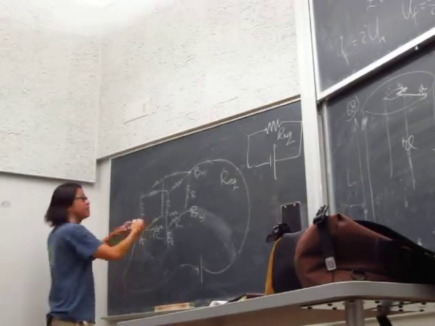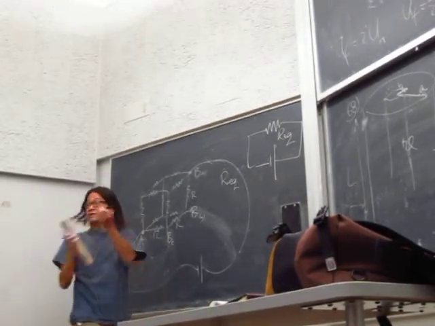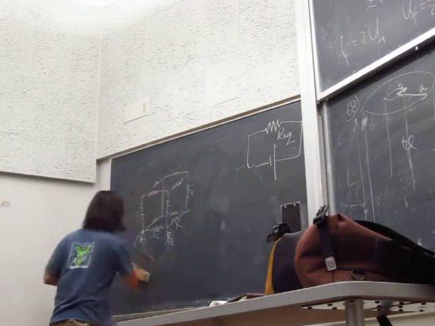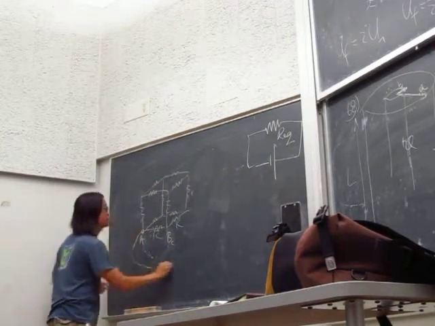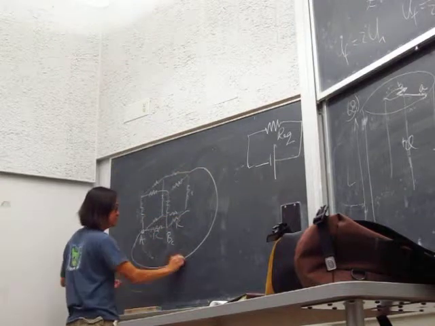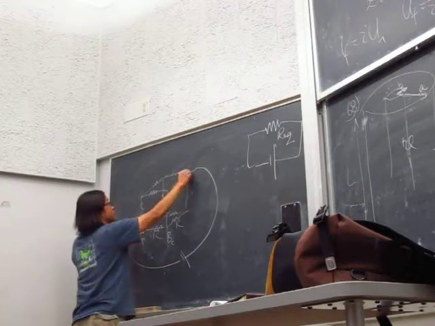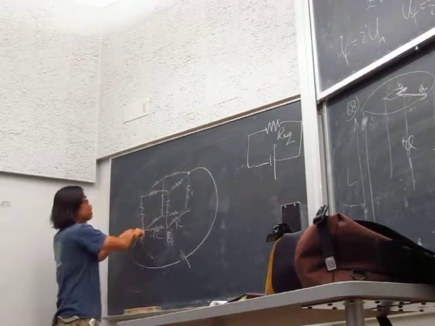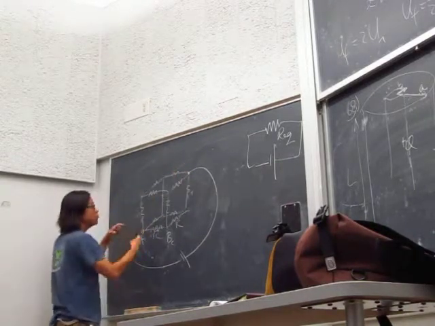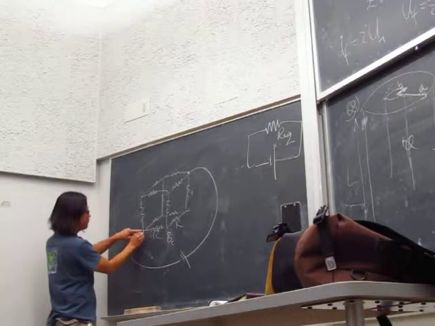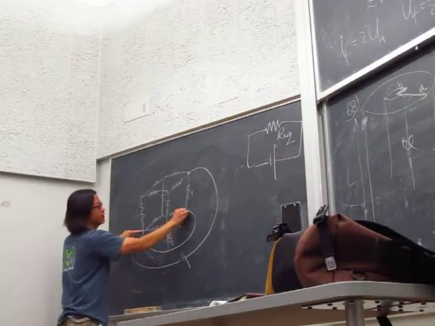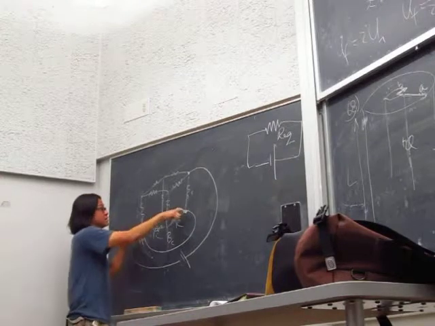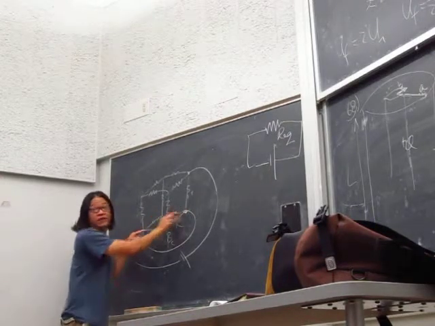Sorry, there are 3 parts to this problem. Part A is what is the equivalent resistance between these diametrically opposite vertices across the cube, and part B is finding it between this and that, opposite vertices along one of the faces.